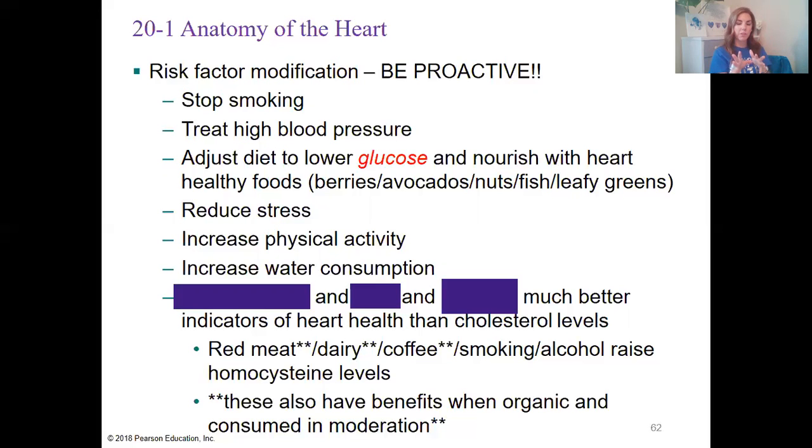As we go through the blood vessel PowerPoint, I'm going to talk more about this, and I'm going to show you some articles that talk about how this actually happens. So for right now, just go with me, trust me on this. You've got to be more concerned about sugar levels than you are about the cholesterol levels, because 50% of people who have heart attacks have normal cholesterol, 50% higher cholesterol.